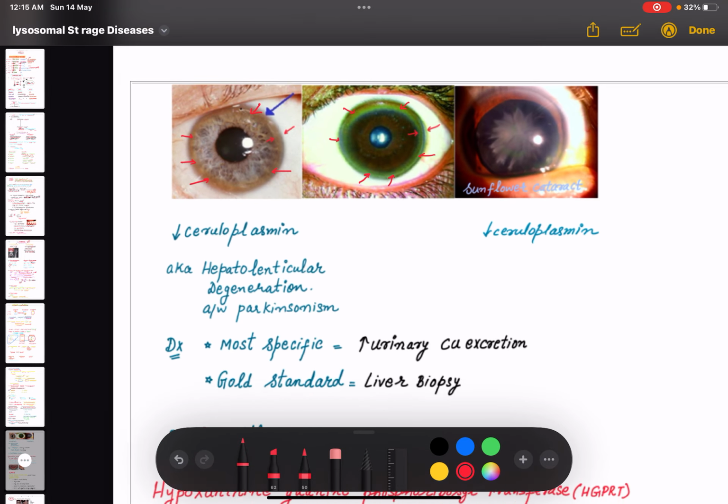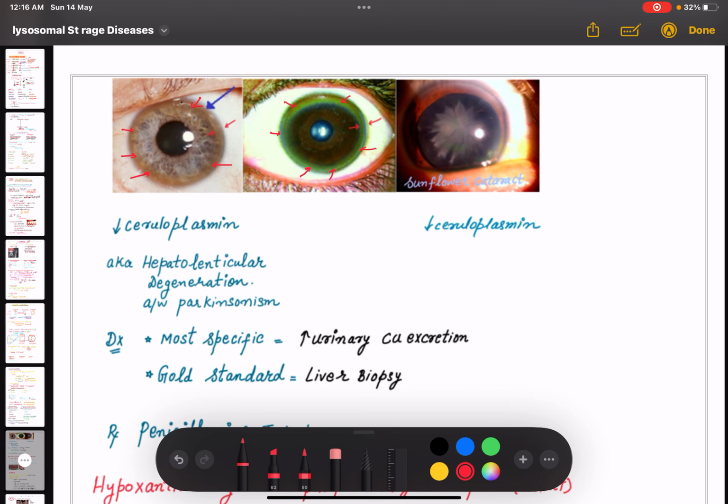Also remember, in Wilson's disease you will get less ceruloplasmin. Also remember that Wilson's disease is also known as hepatolenticular degeneration. Why? Because the liver is involved, that is hepato, and lenticular means the lentiform nucleus is involved.